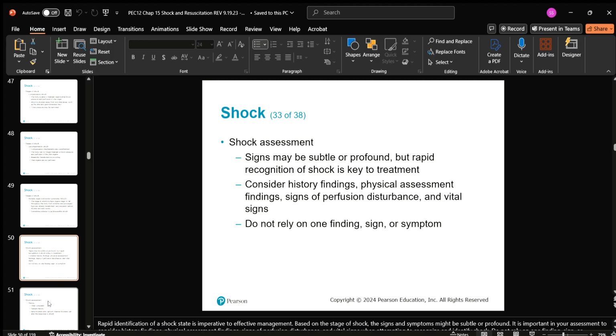All right, so how do we assess all this? We're not going to rely on any one finding, sign, or symptom. It's the whole of the patient. So pale, cool, clammy skin, maybe they're just like that.